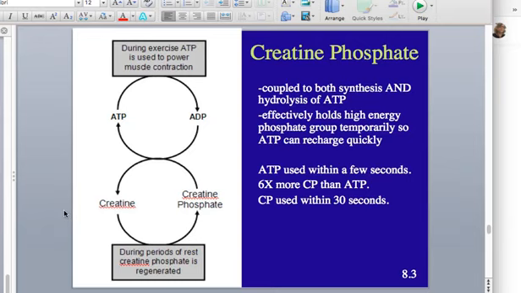The problem is that our digestive system doesn't let you absorb a lot of creatine because it doesn't recognize it as something really important, so it's hard to take in extra creatine. A lot of times when people are seeing a big change, it's actually because they're just drinking a lot of water, and water is used for lots of other things. It's actually used in the production of ATP also. It's complicated. We're not going to go into it very much, but creatine phosphate is basically another energy reserve that our muscles hang on to.